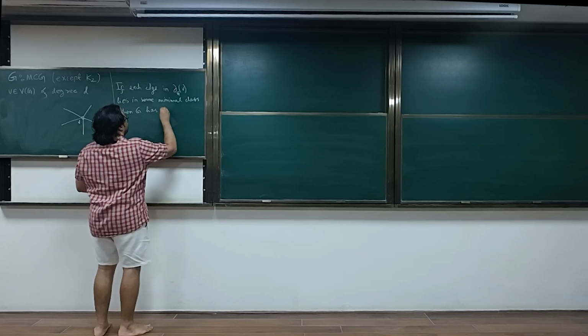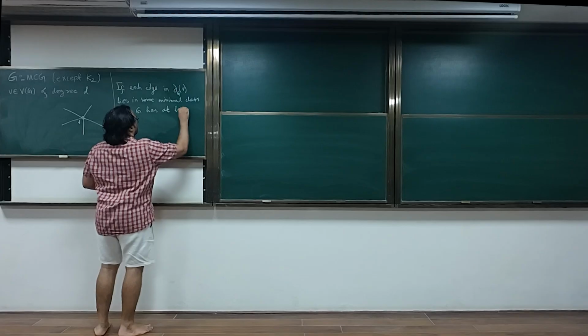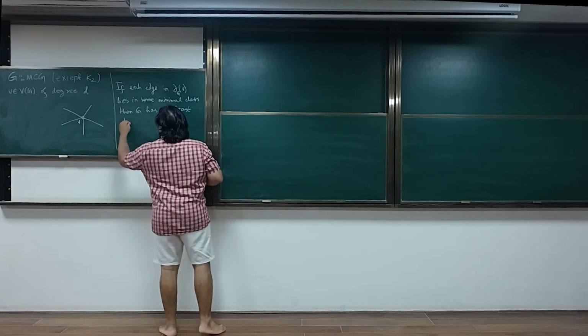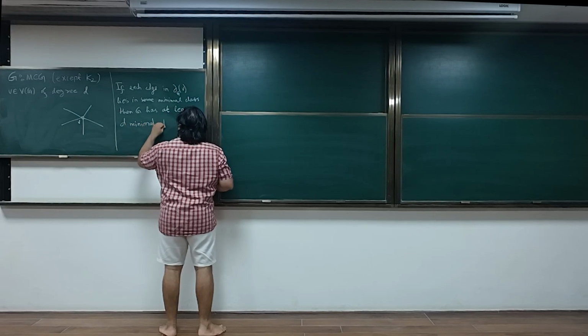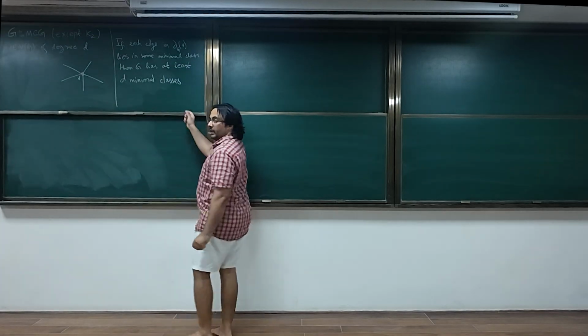Then G has at least D minimal classes. Is that a correct statement?